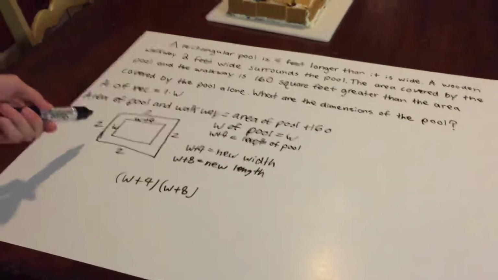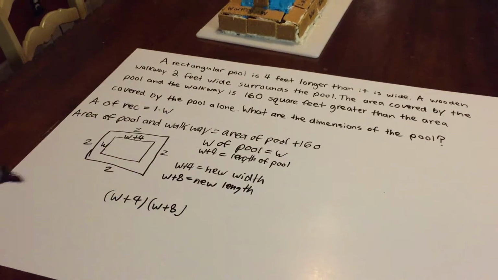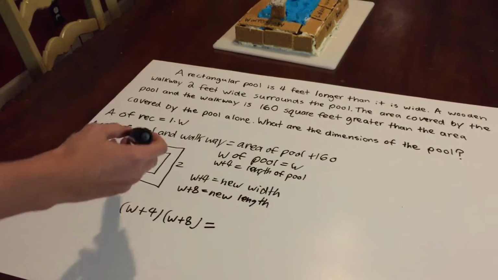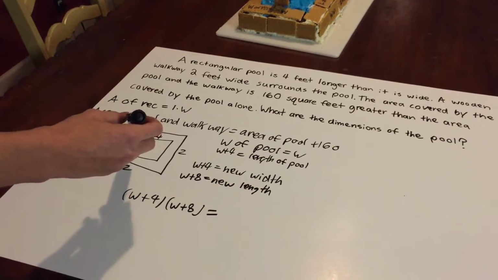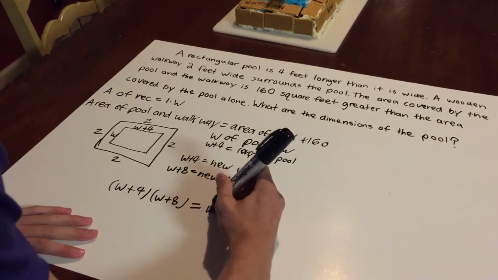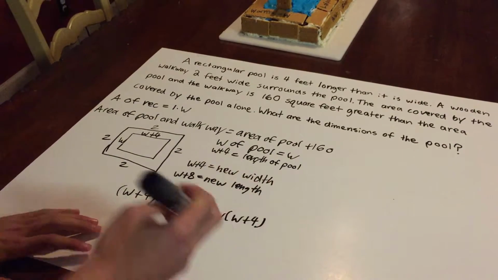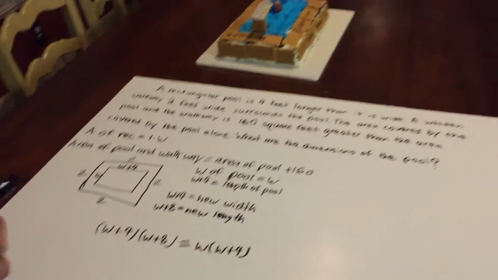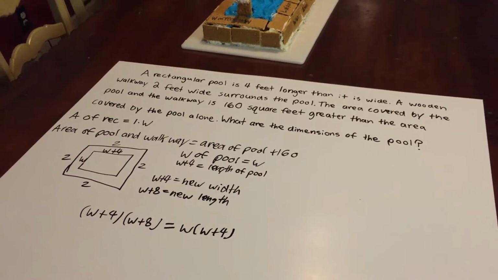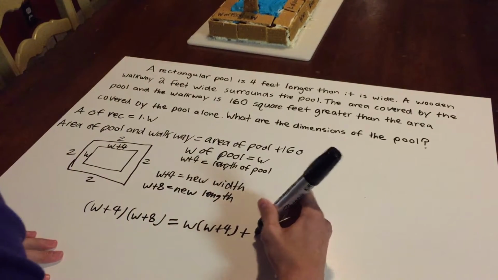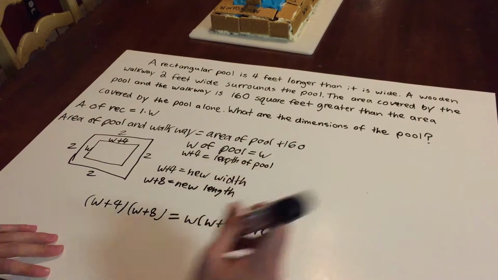So this is the length times the width, and that's going to be equal to the area of the pool, which is the inside rectangle, and we know that that is W times W plus 4. And in the original problem it says the area covered by the pool and walkway is 160 feet greater, so we're going to add 160.